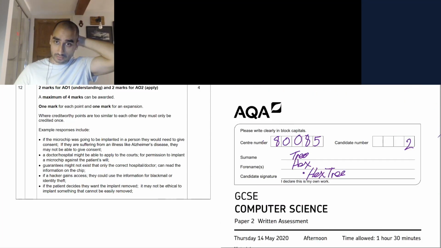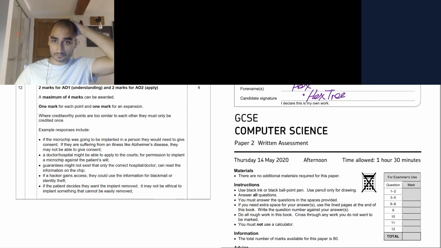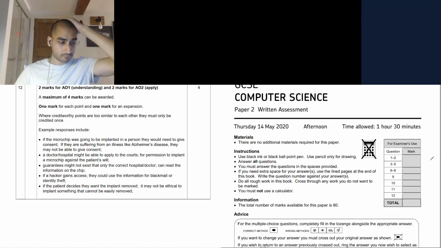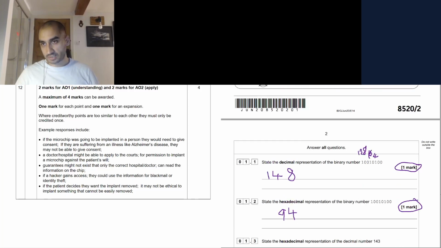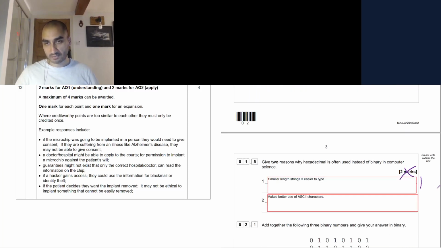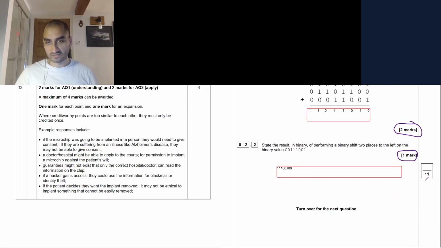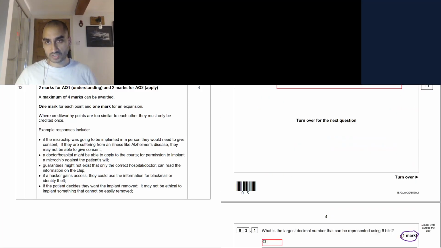So overall, I got 62. And some leeway. I've been maybe a little bit generous. I feel like maybe there could have been a couple of marks that the marker wouldn't have given me, especially in those essay questions.